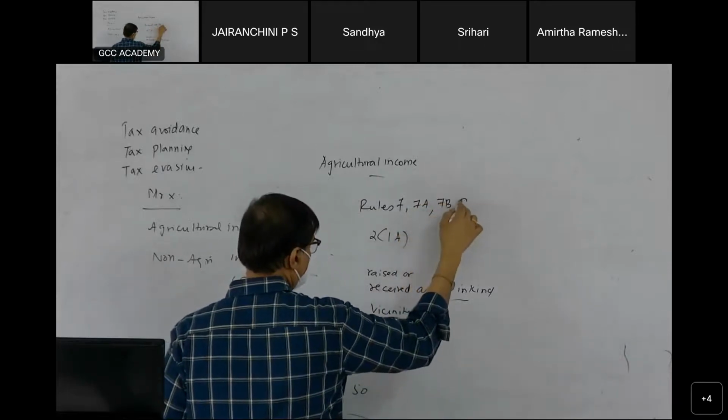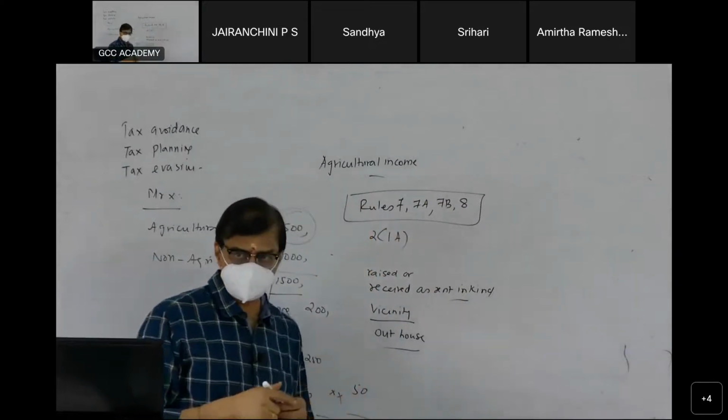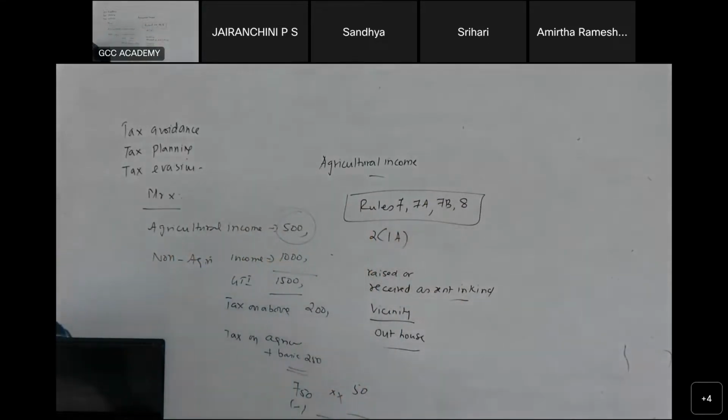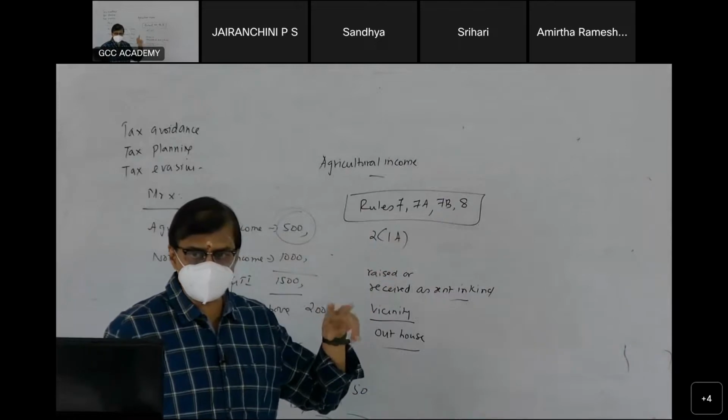Make a note. Rules. These are all the rules which give you as to how to do the tax treatment of income partially from agriculture, partially from business.